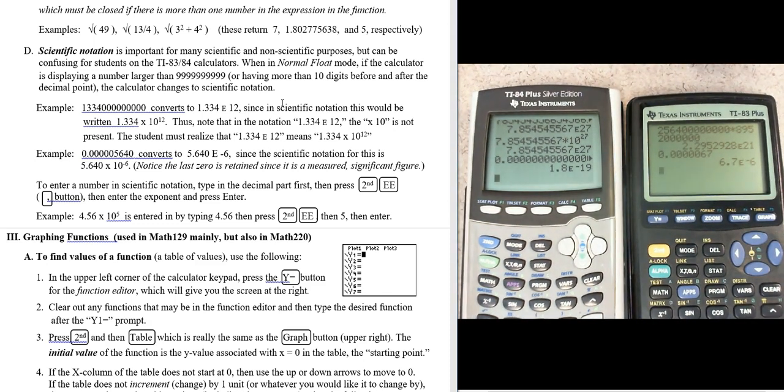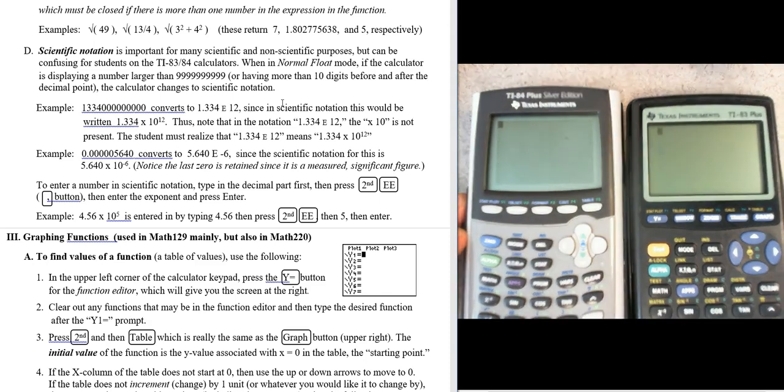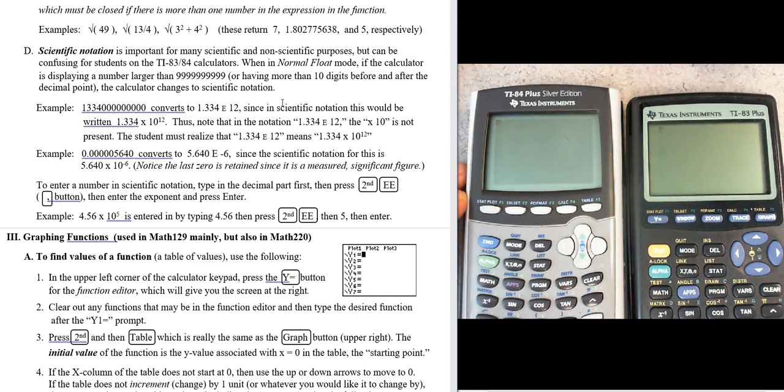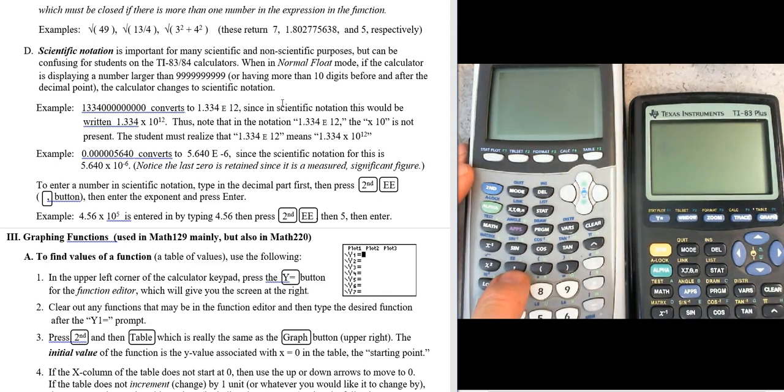All right. Now, how do you type in a scientific notation number? Do you see above the comma here? Above the comma, you see an EE.